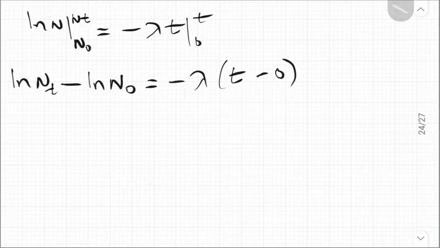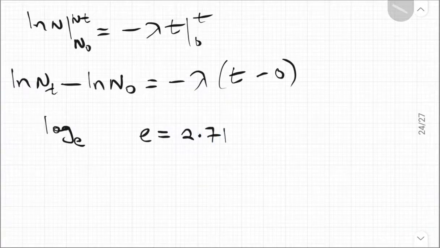All right. So using the logarithmic property, of course, the natural logarithm is actually the logarithm to the base of e, right? Now in mathematics, e is actually a number, right? So it is 2.71828, like that.